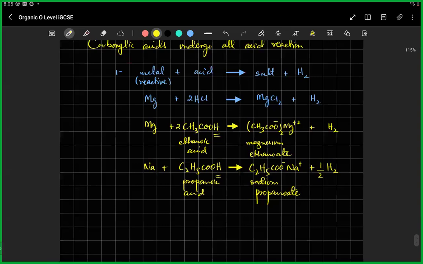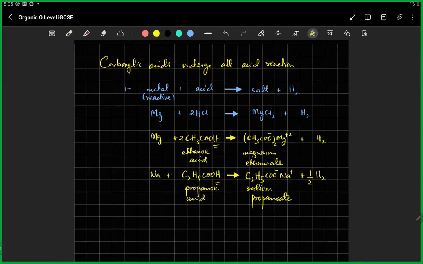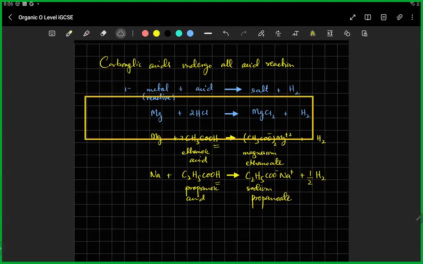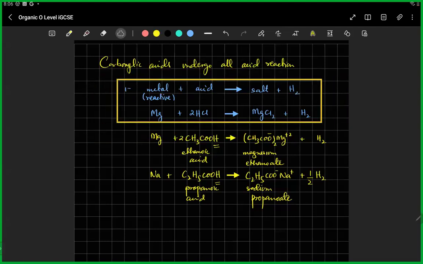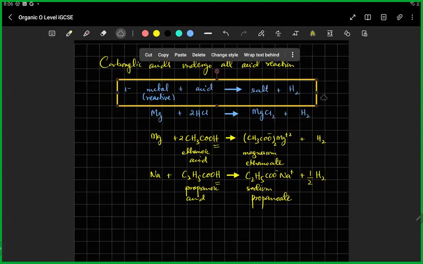Yes, sir. Okay, remember that's the first reaction. This is exactly the first reaction we did. Sir, is this sodium propanoate a salt? Yes, this is a salt. Okay, so that's the first reaction.